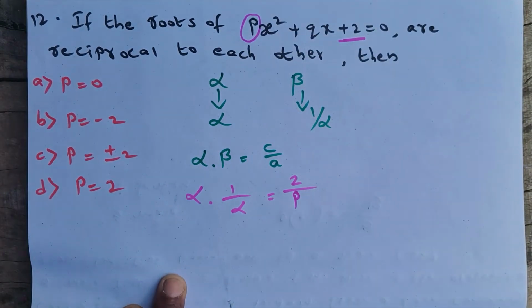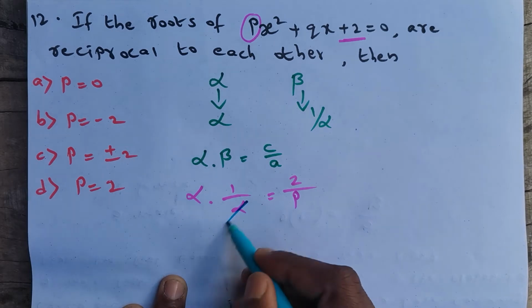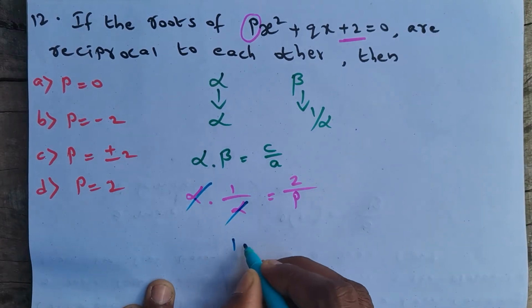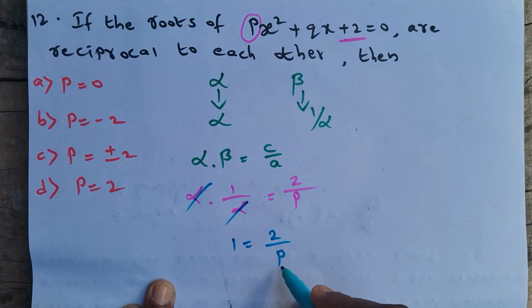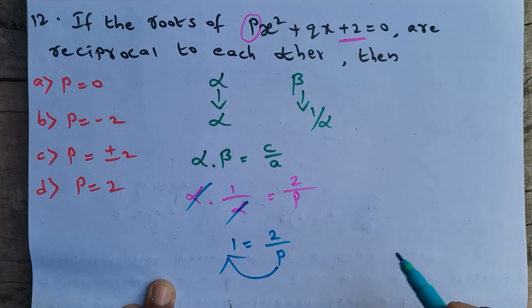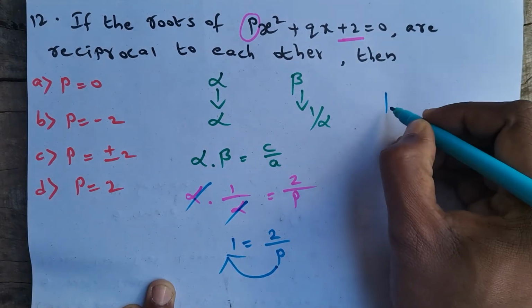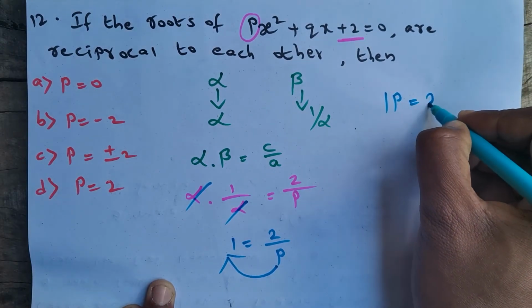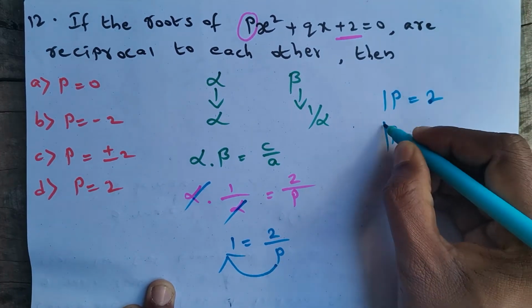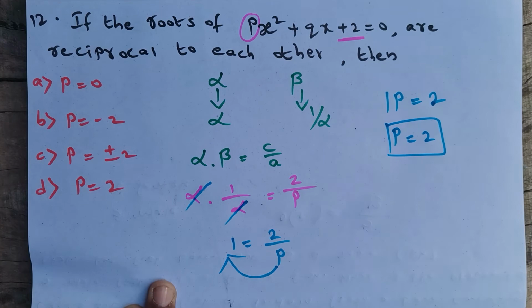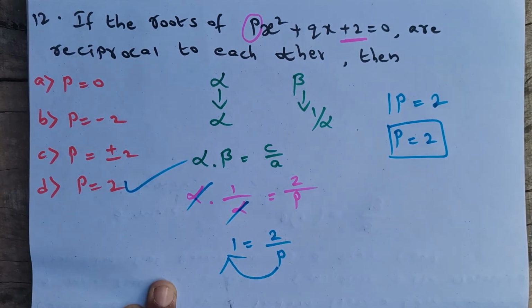Here on the left side alpha will get cancelled, so we remain with 1 is equal to 2 by p. I'll take this p to the left side. 1 into p, 1p is equal to 2. So 1p is nothing but p, so p is equal to 2. So now check which one is the correct option. Option D is the correct option, p equals plus 2.